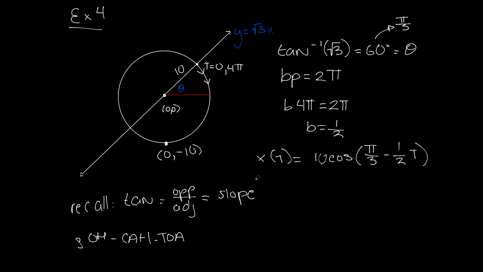And then we're going to do the same exact thing, except we're going to replace the cosine with sine. Hopefully that makes sense, but this will be our final answer in this situation.